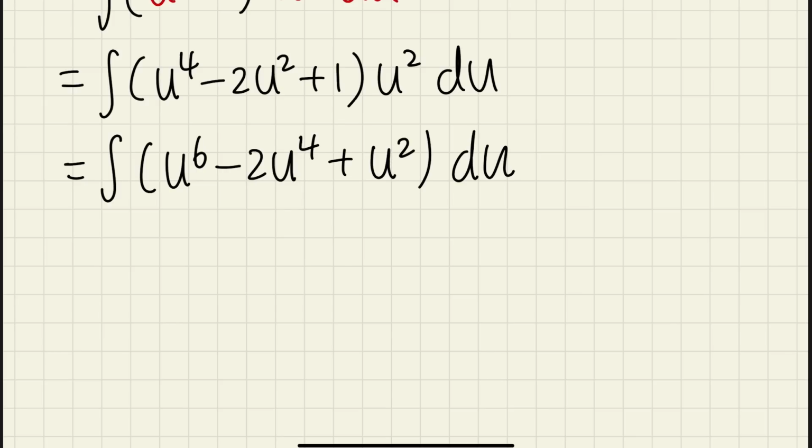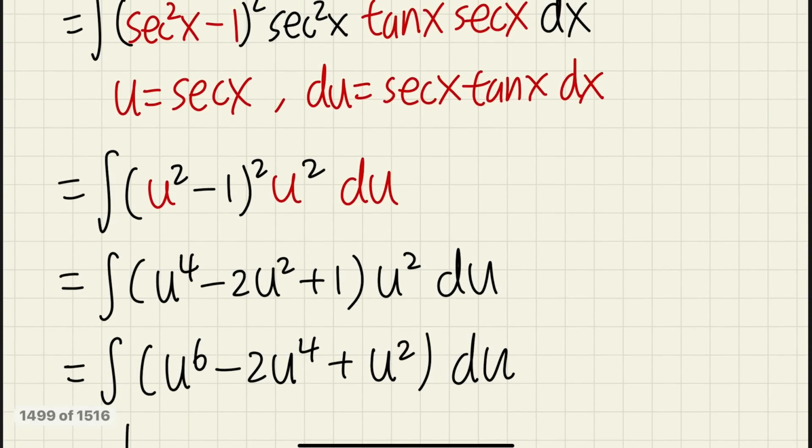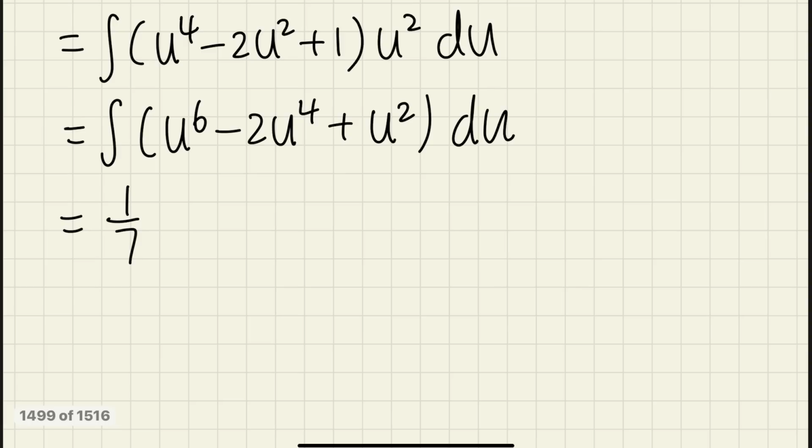We are finally ready to integrate, right? When we integrate u to the 6th power, we will get 1 over 7 u to the 7th power, and we know u is equal to secant x. So I'm just going to put that down right here. Secant, and then 7, and then the x. And then continue with the rest.